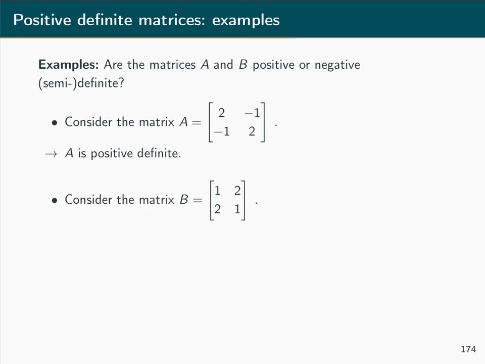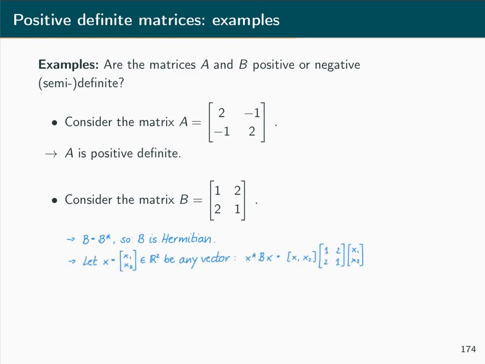In the second example, we consider the 2 by 2 matrix shown here, and again, to find out whether or not B is positive or negative, definite or semi-definite, the first question we have to ask is whether B is Hermitian, and here B is equal to B star, and therefore B is actually a Hermitian matrix.